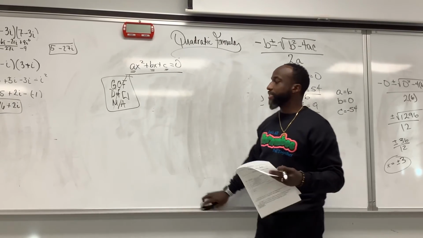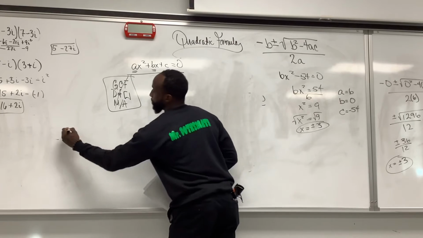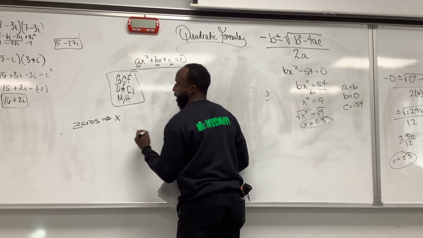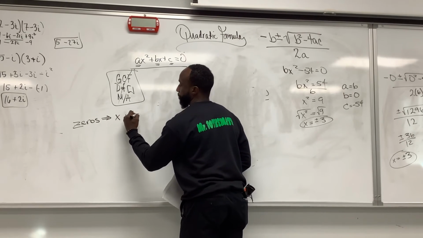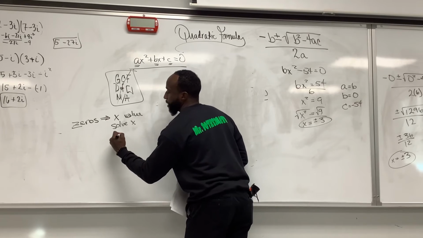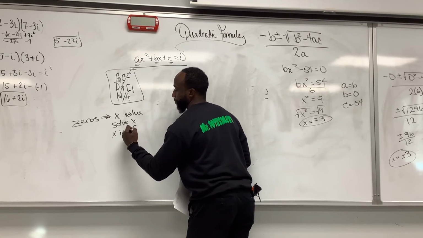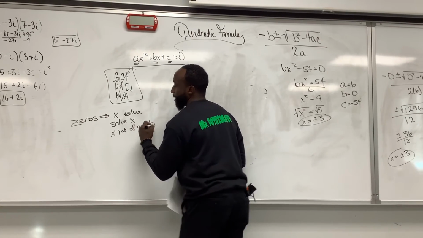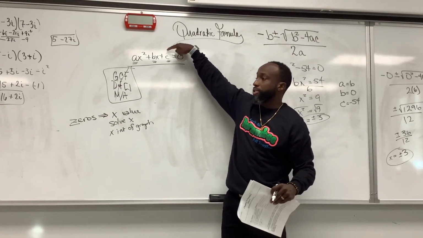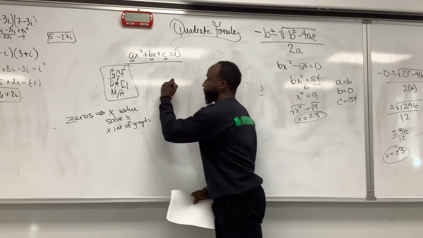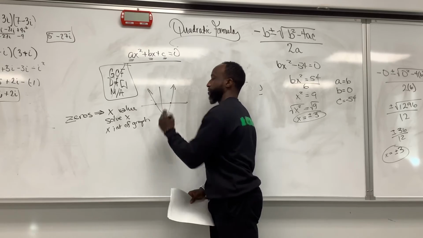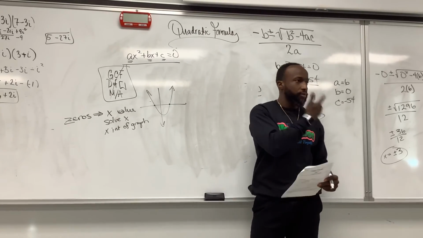When they say find the zeros, zeros mean x value, or it means solve for x, or it means the x-intercept of the graph. That's what the solution is to a quadratic equation. The solution is the place where your parabola crosses the x-axis. So when they say find the zeros, that's what they want to know.